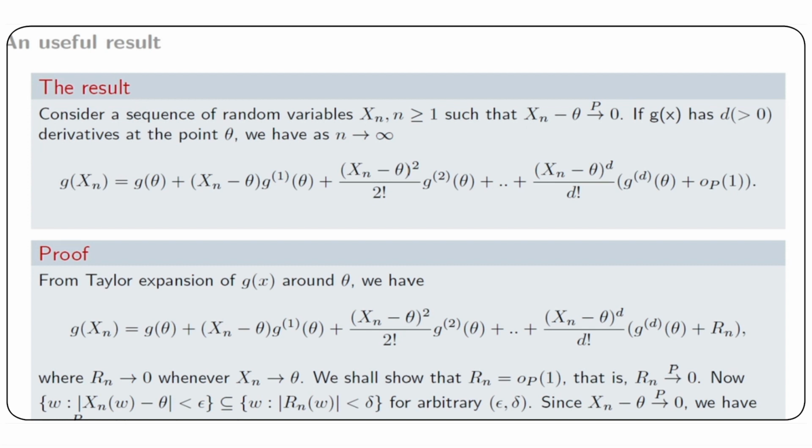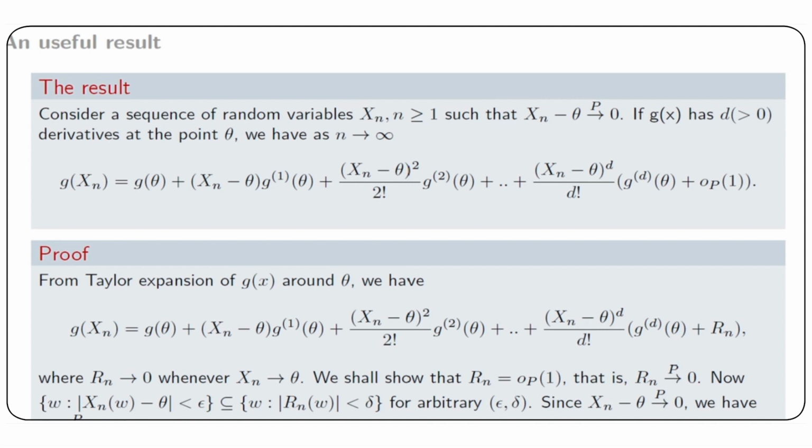So it will be sufficient to show that Rn equals small o_p(1), that is, Rn converges in probability to 0. Now note that the event that the modulus of Xn minus theta is less than epsilon implies the absolute value of Rn is less than delta, for arbitrary epsilon and delta, both positive. We have already assumed that Xn converges to theta in probability, and hence we find Rn tends to 0 in probability. Hence the proof concludes.